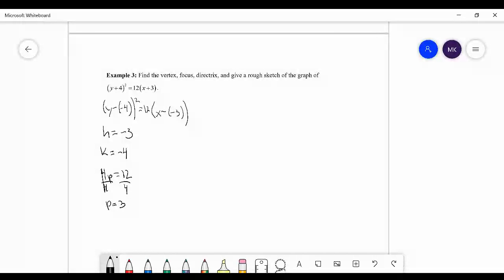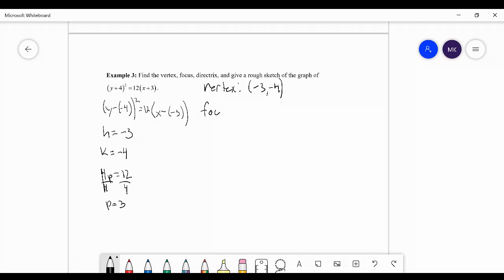Okay. And very simply, our vertex is going to be h comma k. So it's going to be the point negative 3, negative 4.